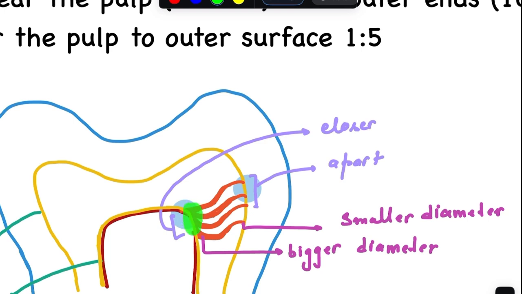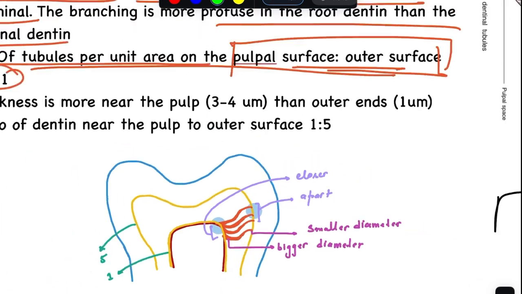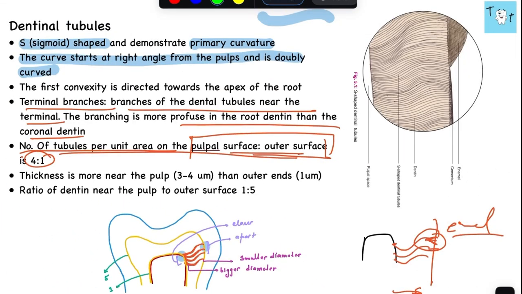But on the outer surface, I'll have only one. And the thickness of the dentinal tubules near the pulp is 3 to 4 micrometers, okay, and then the outer end is only 1 micrometer, so it reduces in thickness as well.